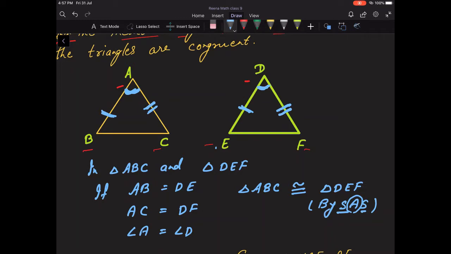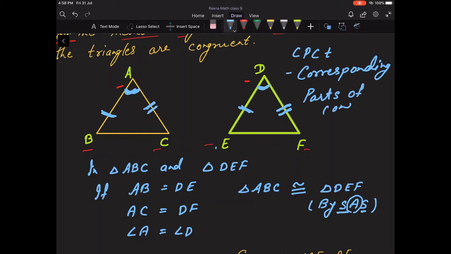Once two triangles are congruent, we can apply CPCT. CPCT means corresponding parts of congruent triangles. So once two triangles are congruent, we can apply CPCT.